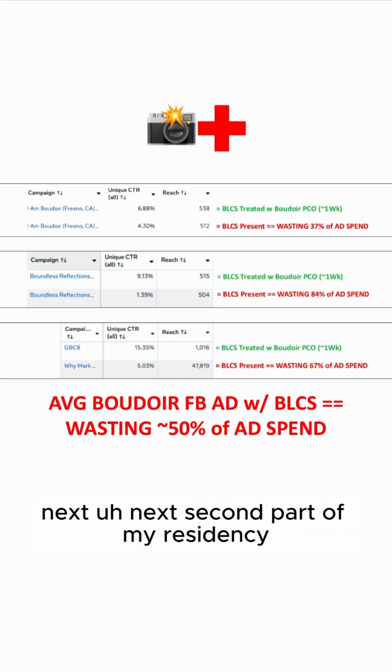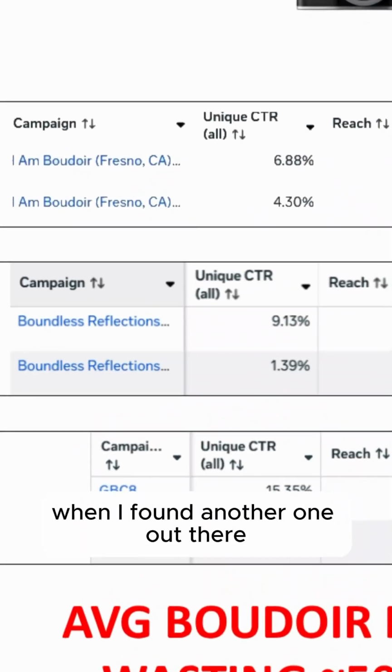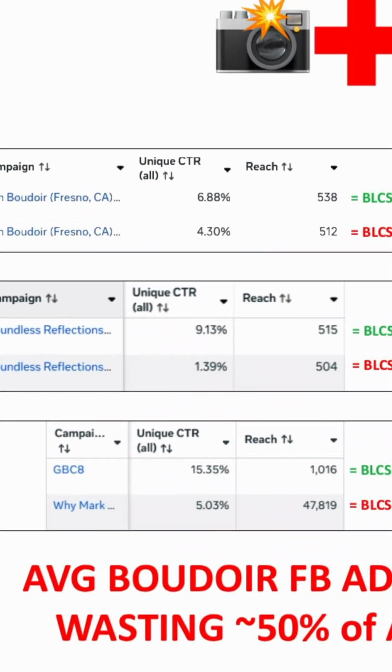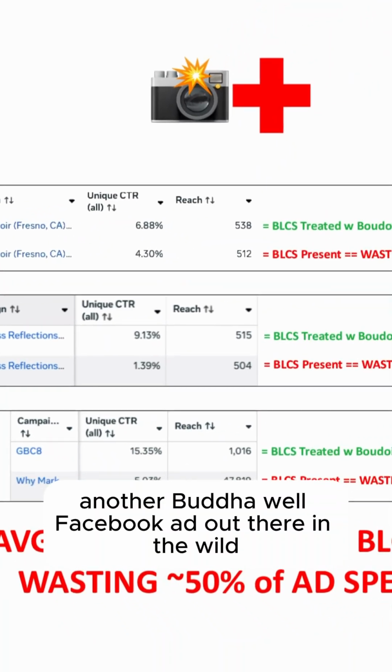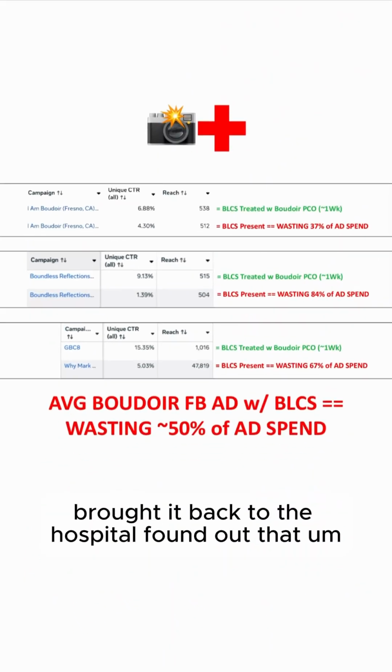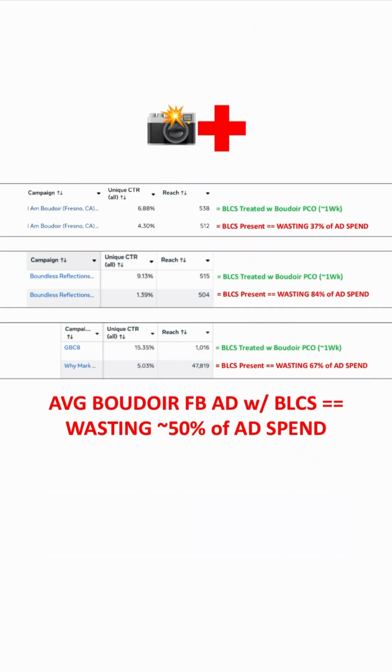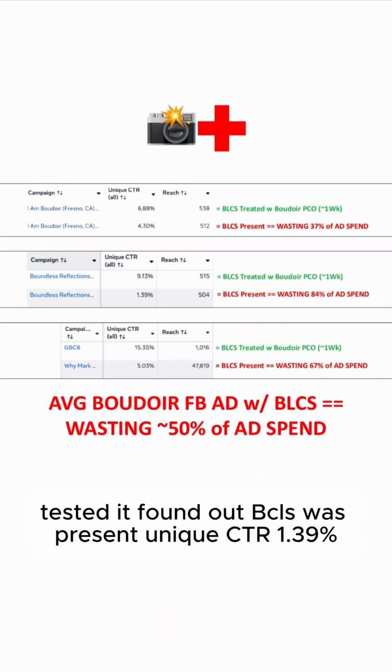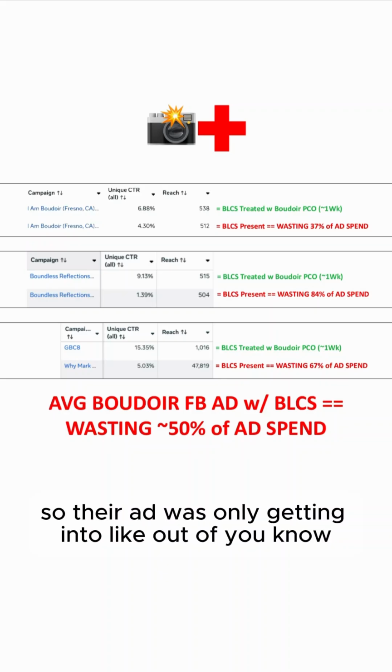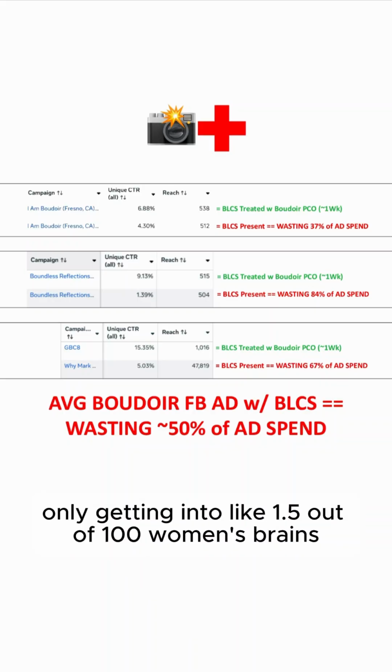Next, second part of my residency, I found another Boudoir Facebook ad out there in the wild, brought it back to the hospital, ran it, tested it, found out BLCS was present, unique CTR of 1.39%. So their ad was only getting into, out of 100 women, only like 1.5 out of 100 women's brains.